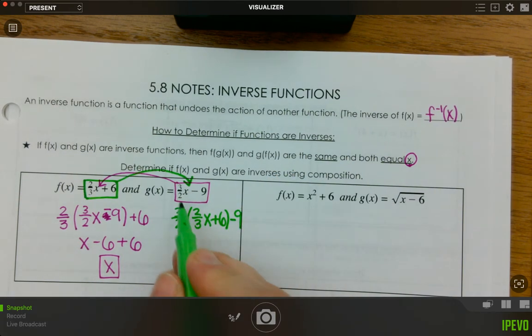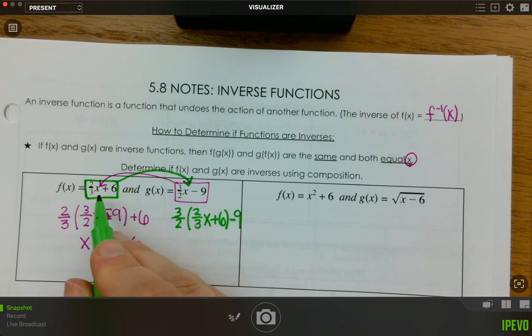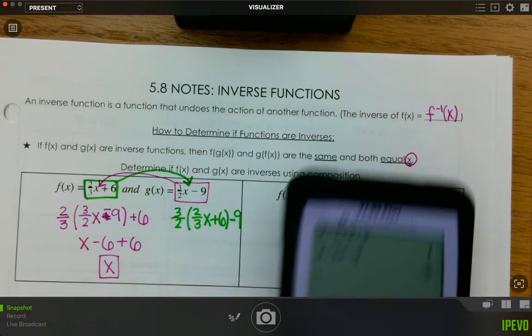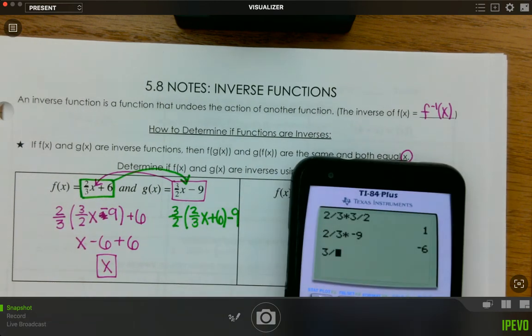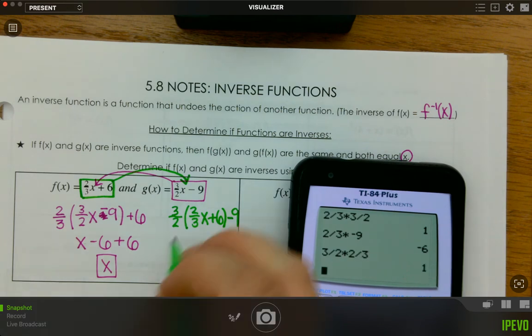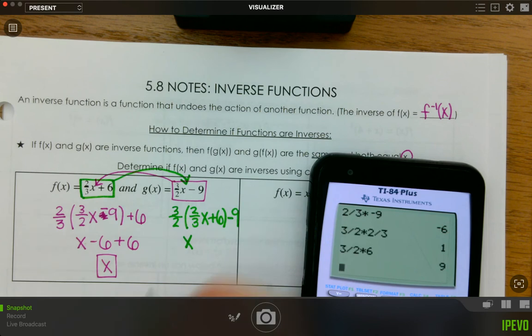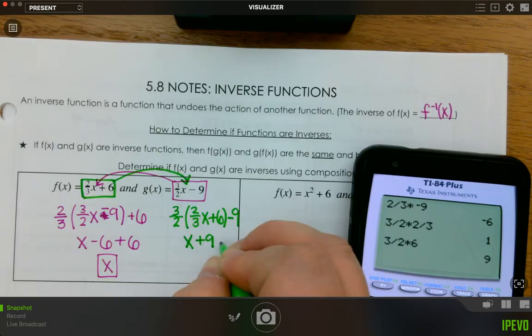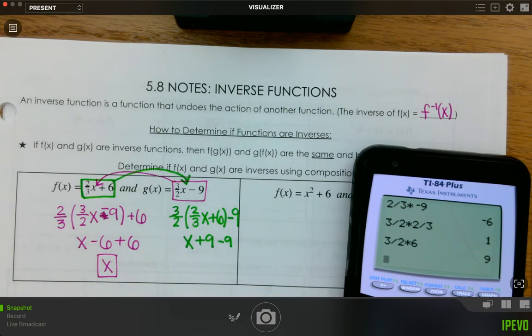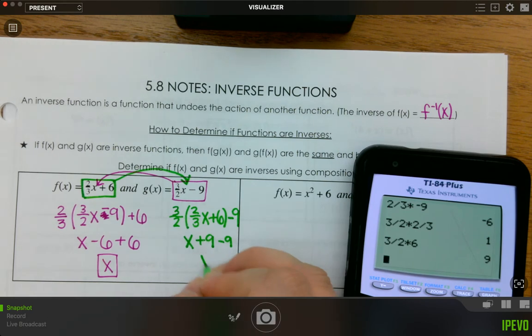So the only thing I'm changing is this x is now what was over here. 3/2 times 2/3 is 1. 3 divided by 2 times 6 is 9. And there's this -9 here at the end. And look at that, I get x both times.